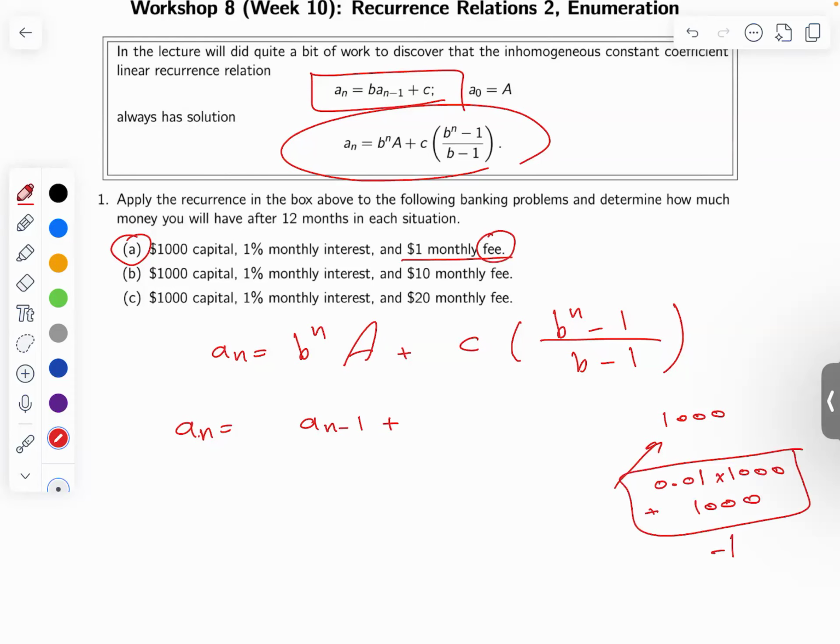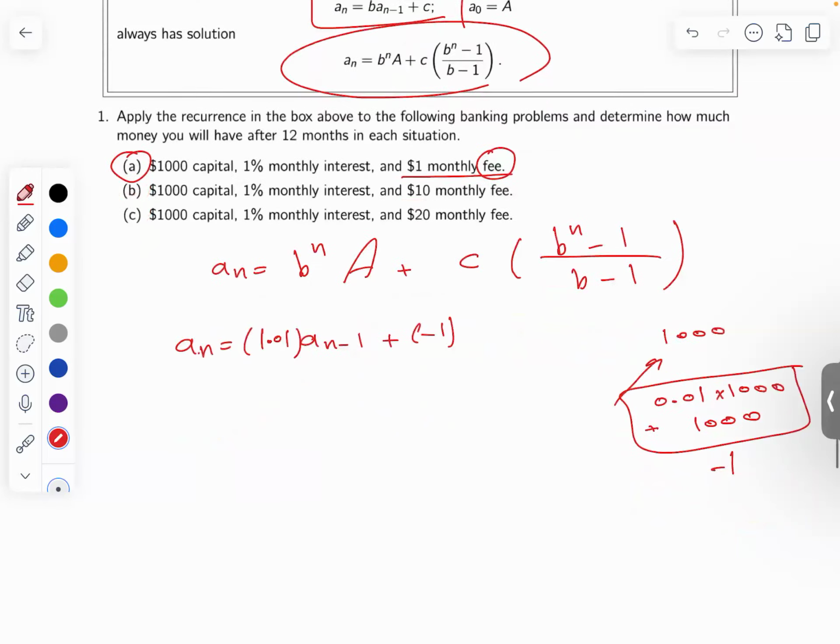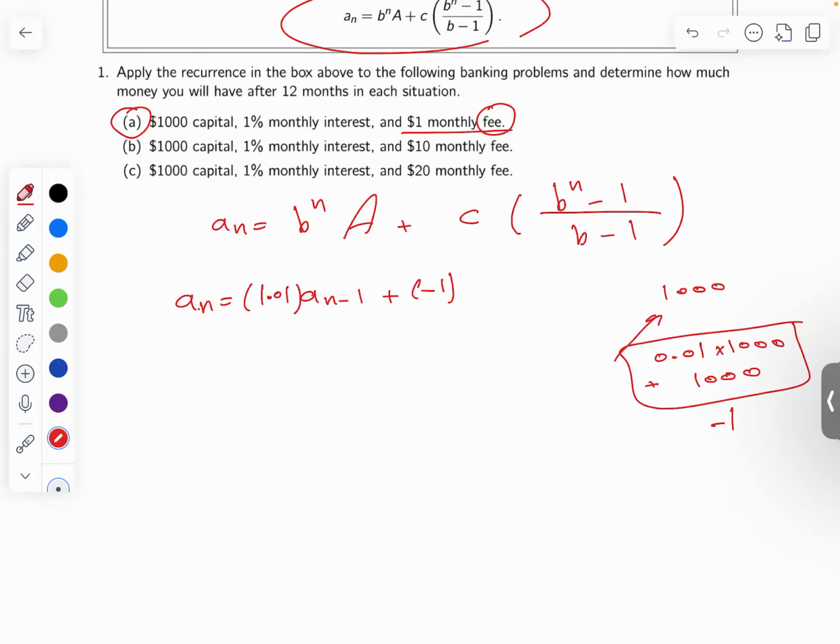So this will be minus 1, that is C, and part B, what will it be? 1.01 of the previous one. So this one is 0.01 times 1000 plus 1000.